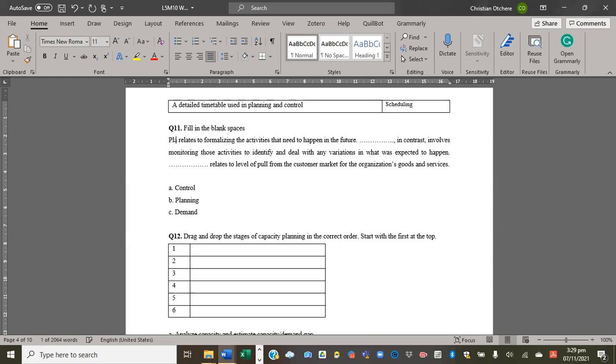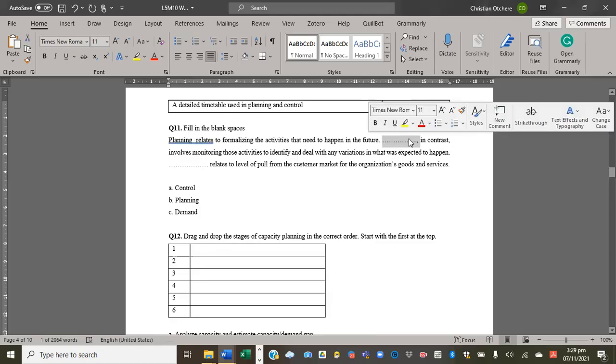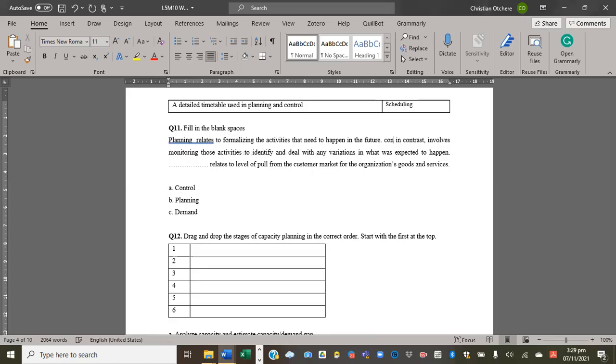Dash, in contrast, involves monitoring those activities to identify and deal with any variations in what was expected to happen. Control. Okay, so control.